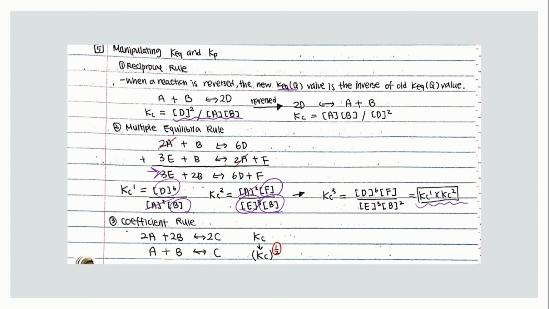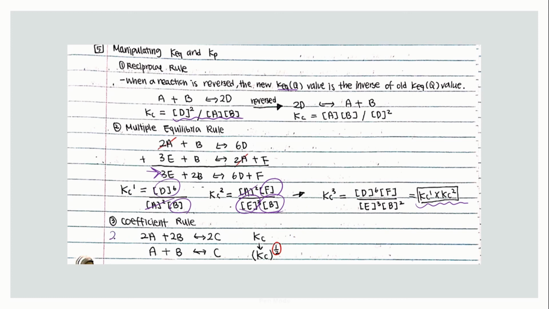The last rule is the coefficient rule, which is used when the entire reaction is multiplied by a factor. In this case, the factor was 1/2, so all of these species were multiplied by 1/2. The way Kc changes is that the factor the reaction was multiplied by will go to the exponent of the Kc.